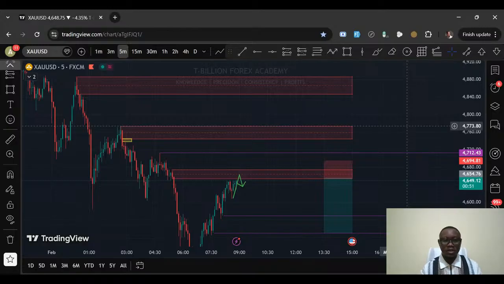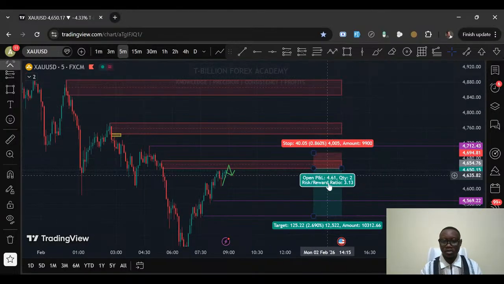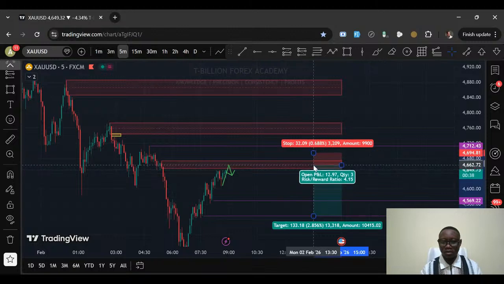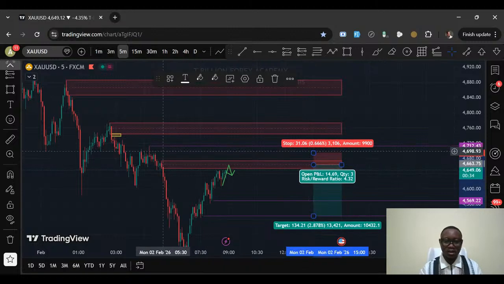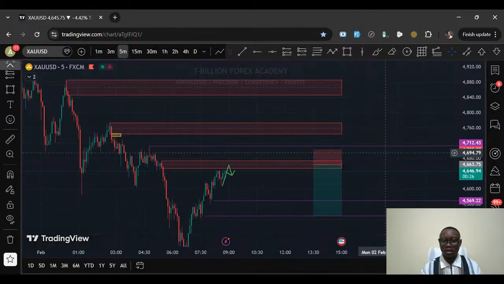For this, I've already marked out the entry. So my entry will be at this level, like I mentioned earlier. Then my SL will be slightly above this high, like so. Okay, that is for this.